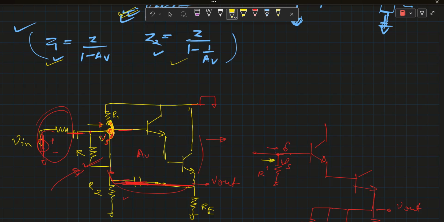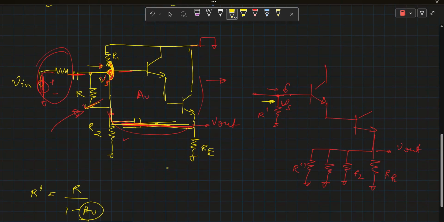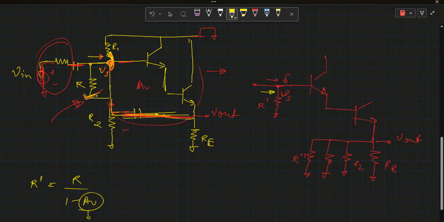This R1 is jumped over this branch, not connected to this point, so don't be confused. It will connect to RE, R2, and this R1, and we are applying Miller's theorem here. Why? This is our prime focus Vs, so Vs is our input, and it is connected to the output, so we can apply Miller's theorem. Miller's theorem says that we can decompose this resistance into two impedances, and the input impedance I am denoting as R dash, and the output impedance as R double dash.